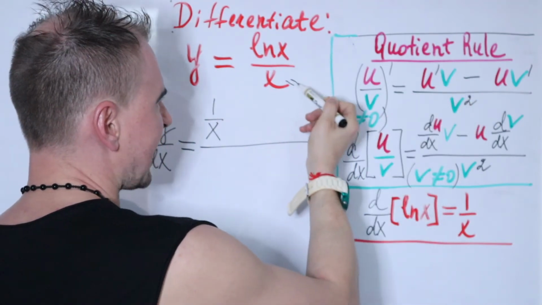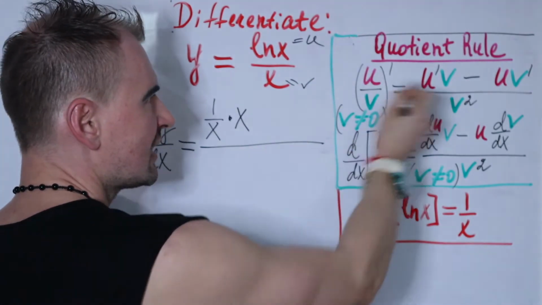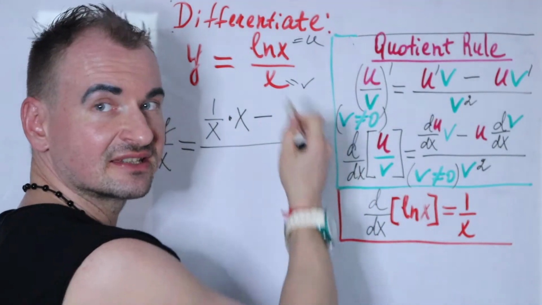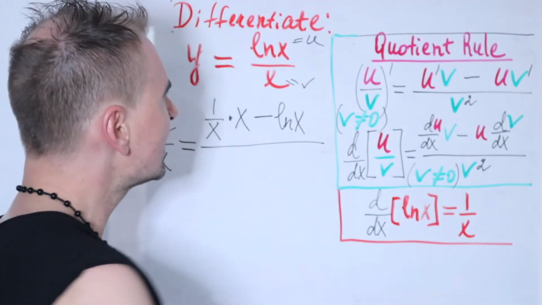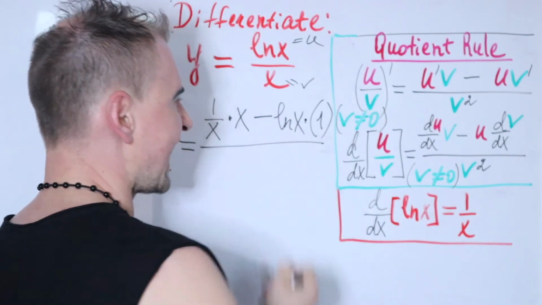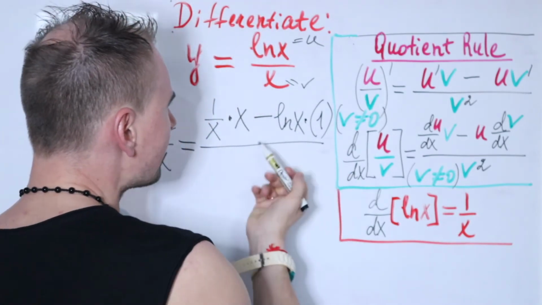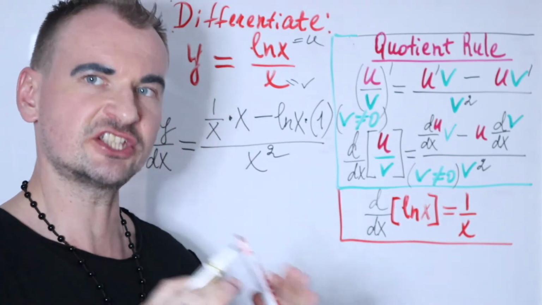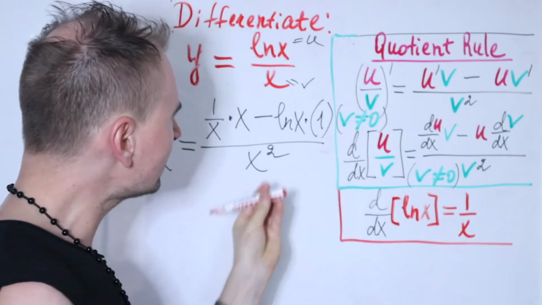So your v is x times x minus, keep subtracting, u as is, so we write natural log of x, and this term gets multiplied by the derivative of x, which is basically just 1. Now your bottom function becomes just x squared. Alright, this is your setup. We apply a quotient rule at this point.